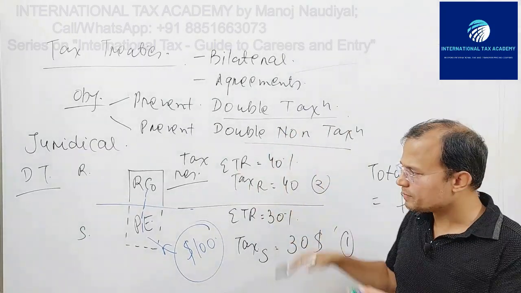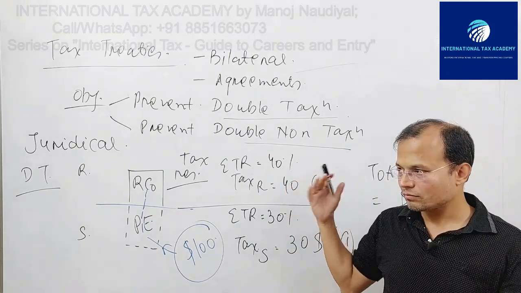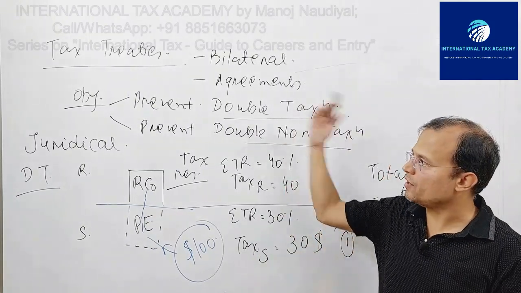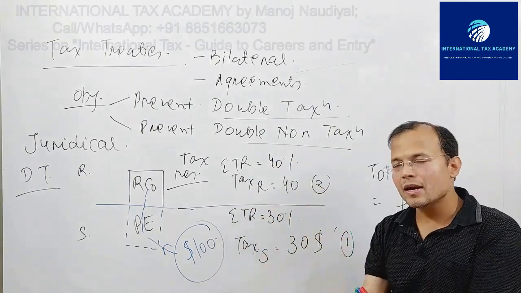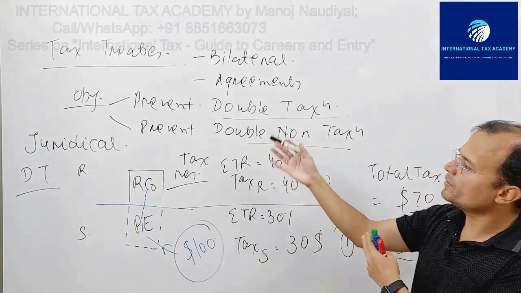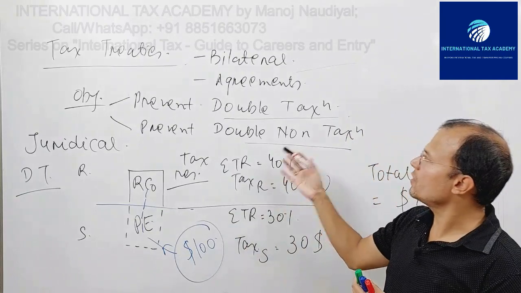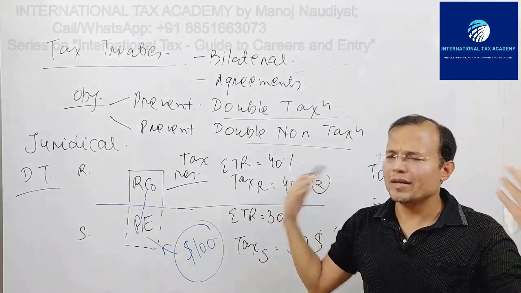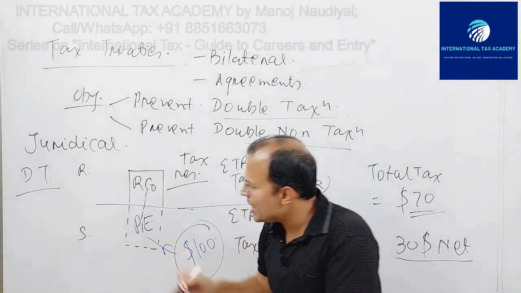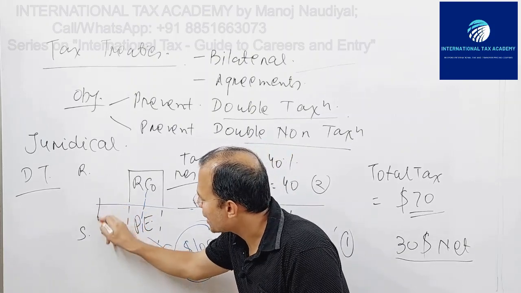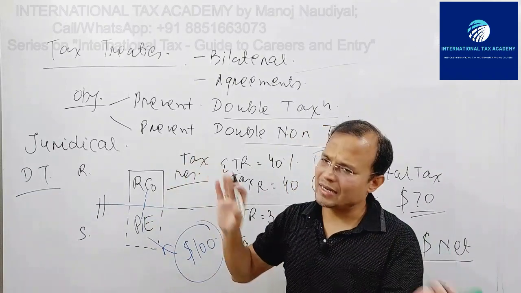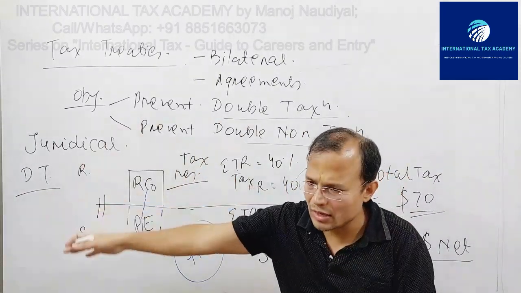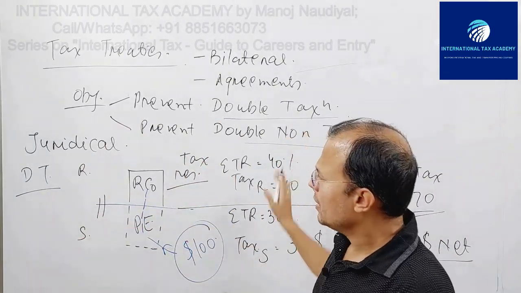So therefore in international tax, the first branch, that is the branch of tax treaties, focuses majorly upon preventing this sort of scenario, that is, preventing double taxation. How is it done? R and S would enter into a tax treaty, and by virtue of that tax treaty, what would happen?